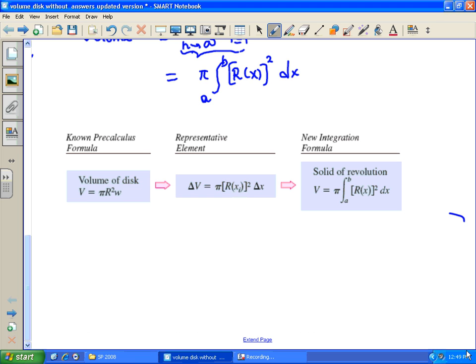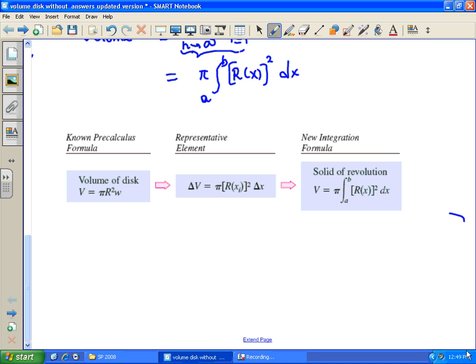this is a common theme in every section that we're covering in this chapter. When we did area, first we picked a representative rectangle, and the area of the rectangle was f of x minus g of x times delta x, right? Then we integrated to find the total area. Here, our representative disk had a volume of pi r squared w.